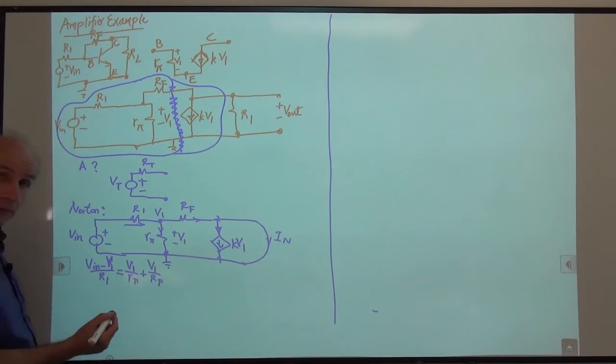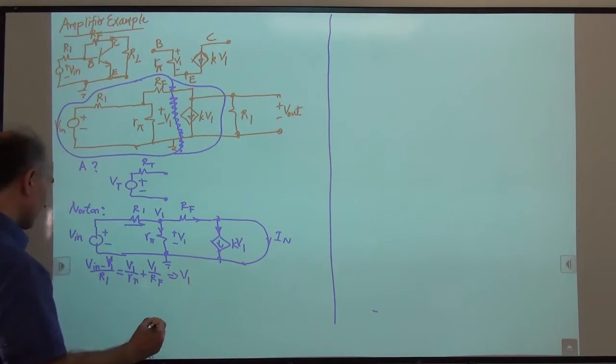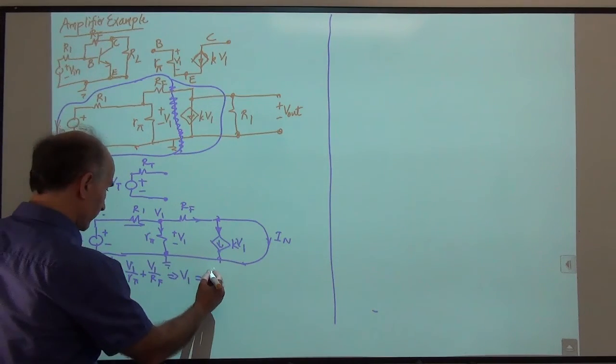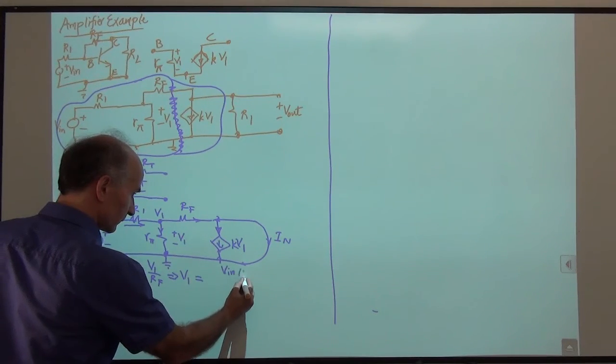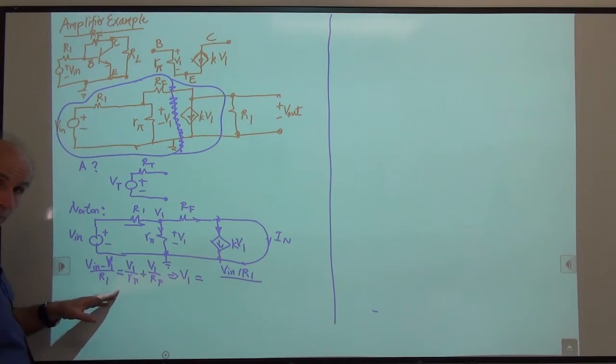Okay, so from here we can find V1, right? So we can see that V1 is equal to, we have V in over R1. I bring this to the other side and I factor V1 out.